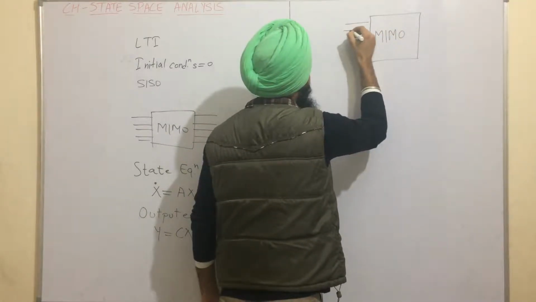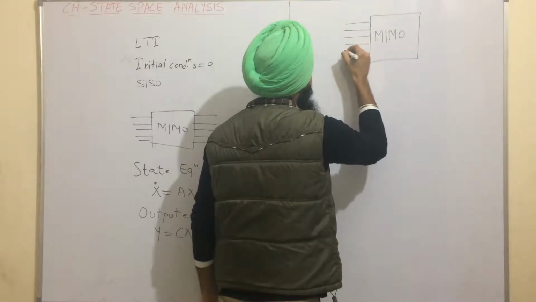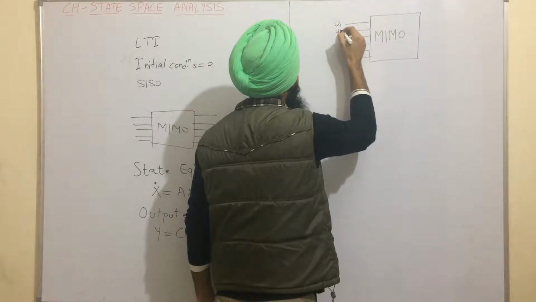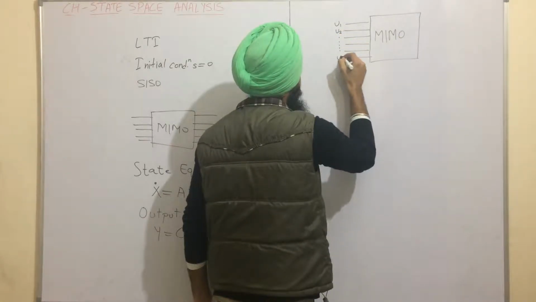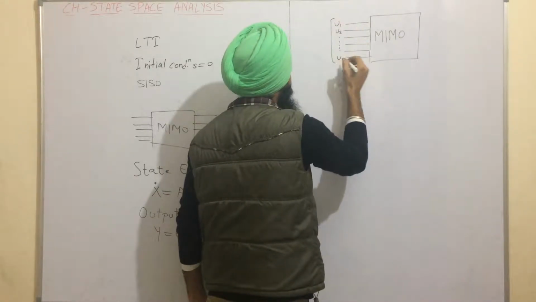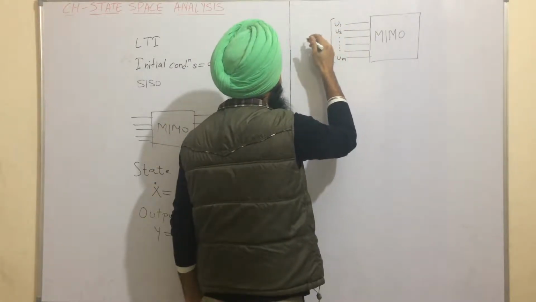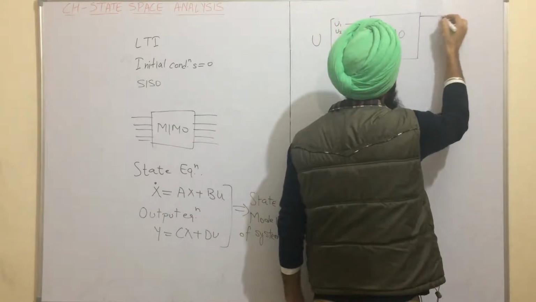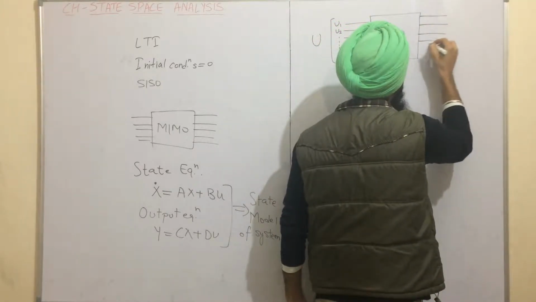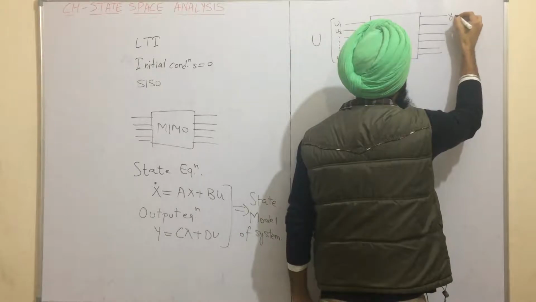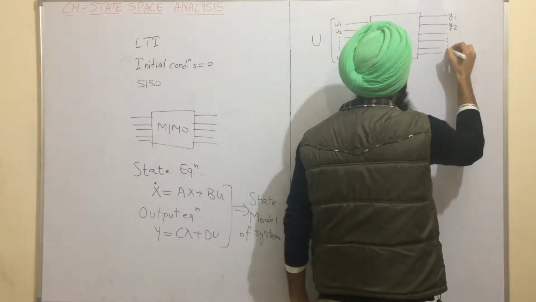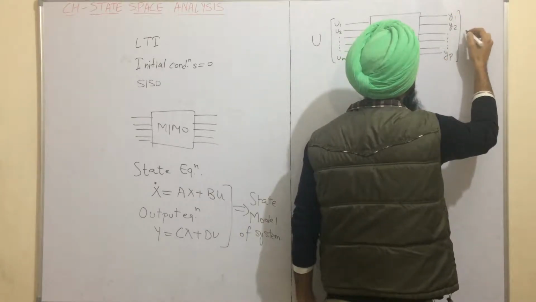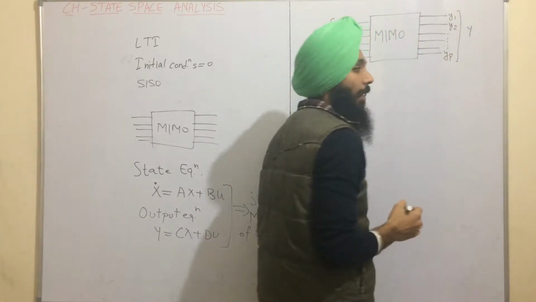Let's say we have m number of inputs applied to this system, which is denoted by u1, u2 and so on up to um. Combined, this input set is known as u, and due to these inputs we have multiple outputs like this, y1, y2 and so on up to yp. The set of these outputs, let's say, is y.